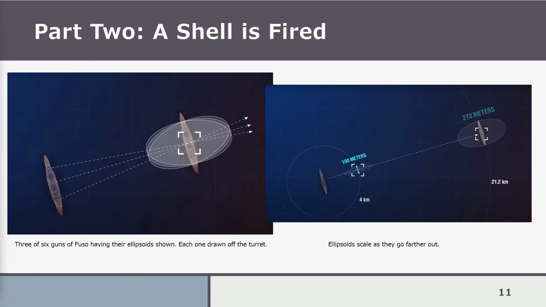On the right side here, this is a better example of the difference between close and your maximum dispersion ellipsoid. And between the distance of the 100 meters and 272 meters, as you can see, the scaling is different for a reason, right? If it was incremental from the base of your ship into 4 kilometers at being 100, right?